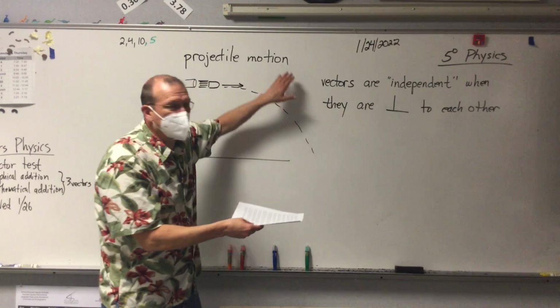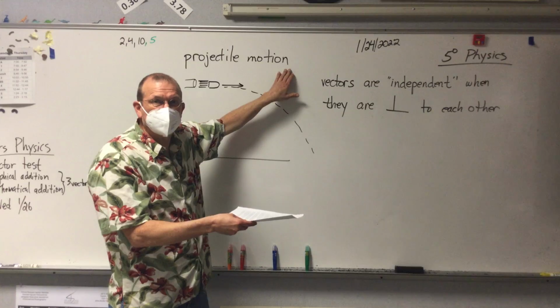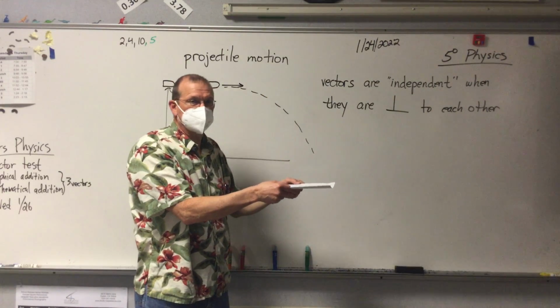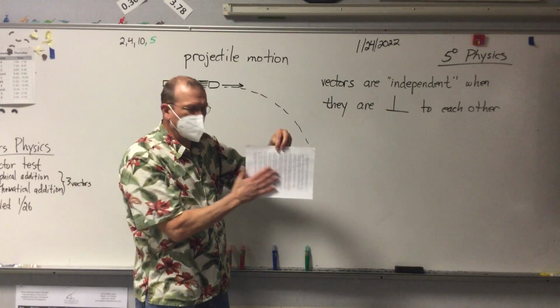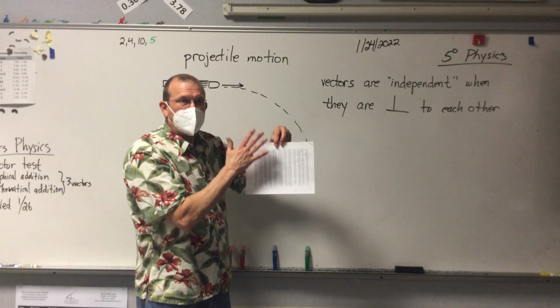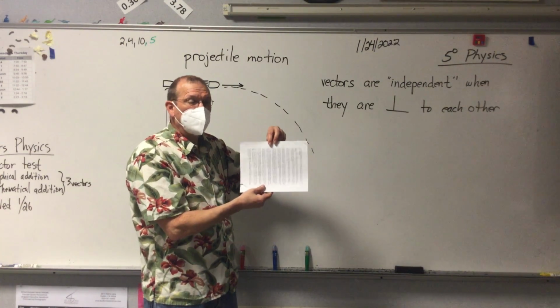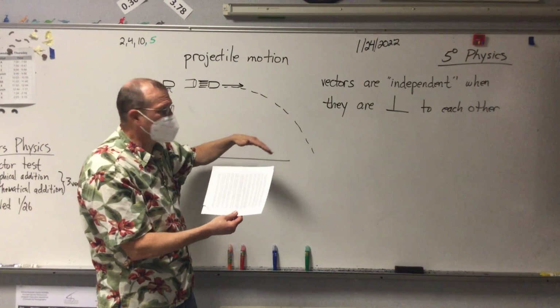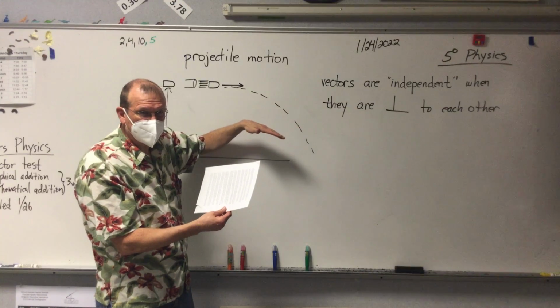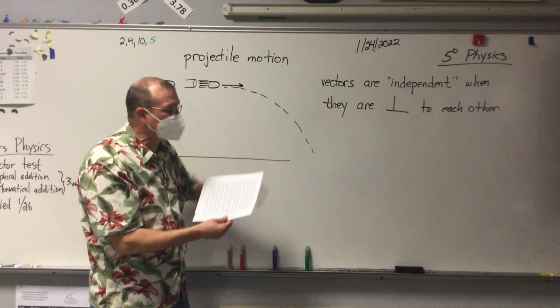But in projectile motion, our 2-dimensional plane is no longer horizontal, it is vertical. So things are moving in this plane. And in this plane, our 2 dimensions are the horizontal dimension and the vertical dimension.